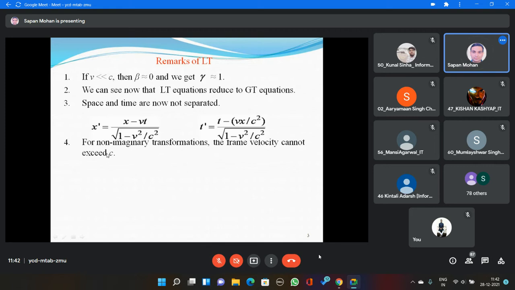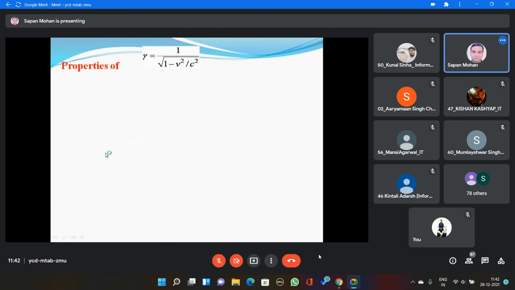This has already been explained. We cannot take a velocity greater than the velocity of light. Now, a property of this gamma. See here, the same thing I have written again over here. Suppose we take the velocity v as 1% of c.